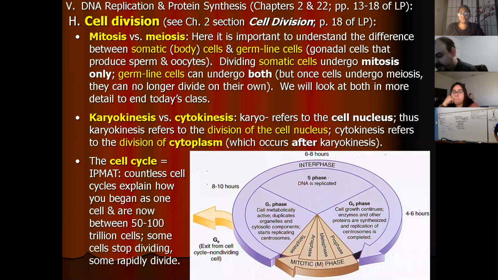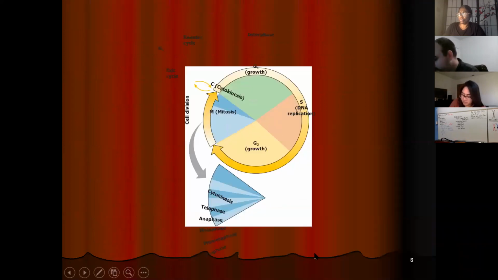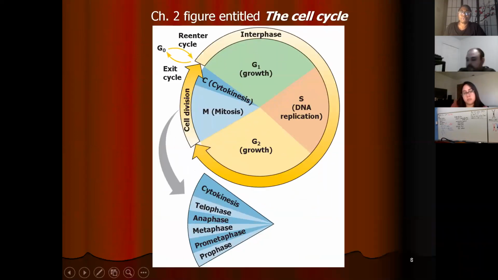The vast majority of a cell's life is spent in interphase. In fact, that's why we split interphase up into three subphases. We'll talk about that next. Now some textbooks will make cytokinesis its own phase, but I don't because then IPMAT doesn't work.